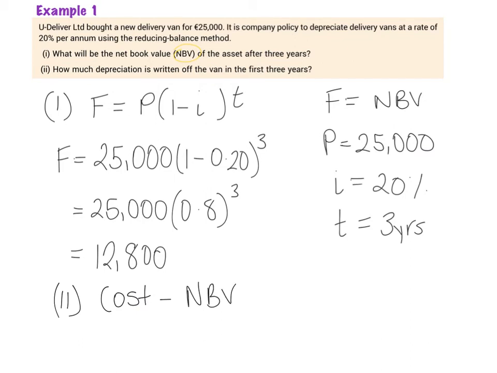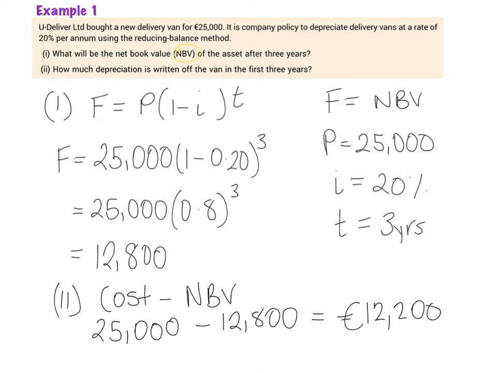And that's how much the depreciation is going to be written off. So the cost is 25,000. At the end of 3 years, it's going to have 12,800 of a net book value. So that means that the depreciation must have been 12,200. I'm just going to put DEP for short.